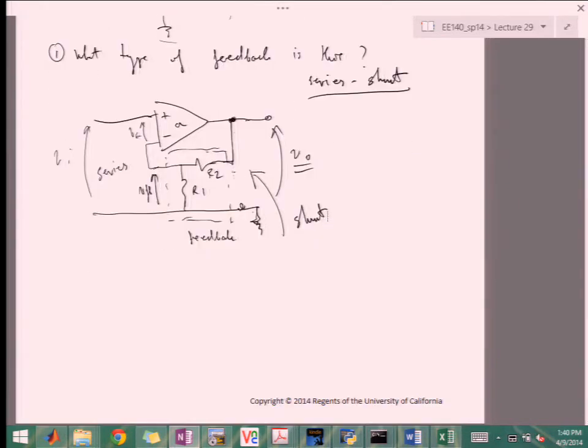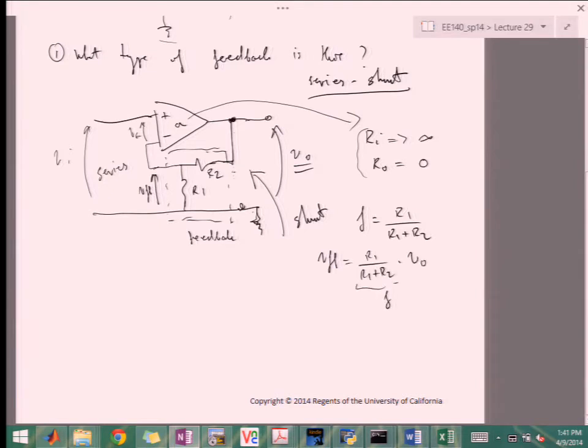Okay, so if I assume that Ri is infinity and R out is 0 for this amplifier, then we can write that my feedback ratio F is going to be R1 over R1 plus R2, because it's the voltage divider. In other words, V feedback is R1 over R1 plus R2 times VO.